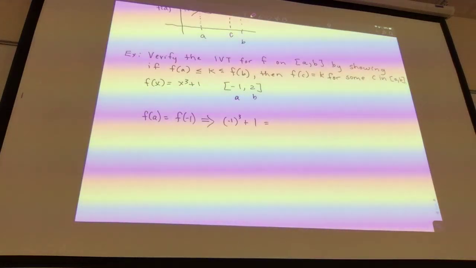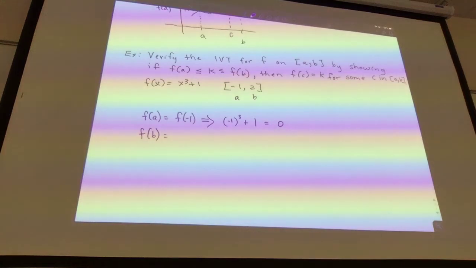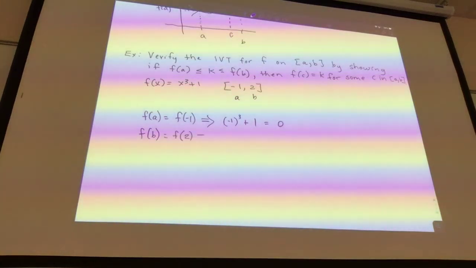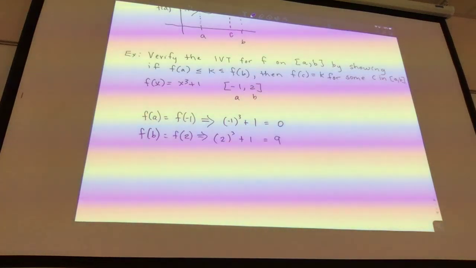And that's just going to give us 0. The next thing we need to do is to evaluate f of b. b is 2, so that means evaluate f of 2. Write my function down, everywhere that there's an x, plug in 2. 2 cubed is 8 plus 1 is 9.